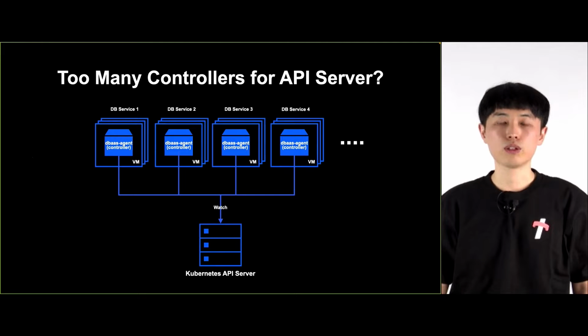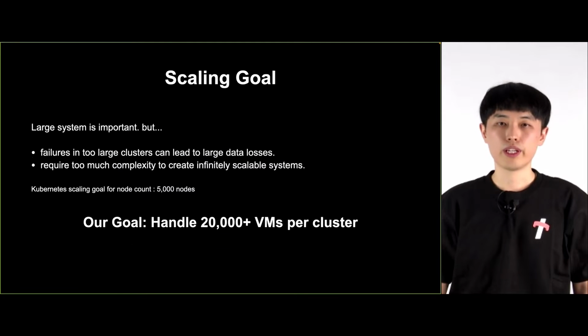And so, how much pressure these controllers have on the API server, we wanted to know how this will work in this design. So we have run a short POC.